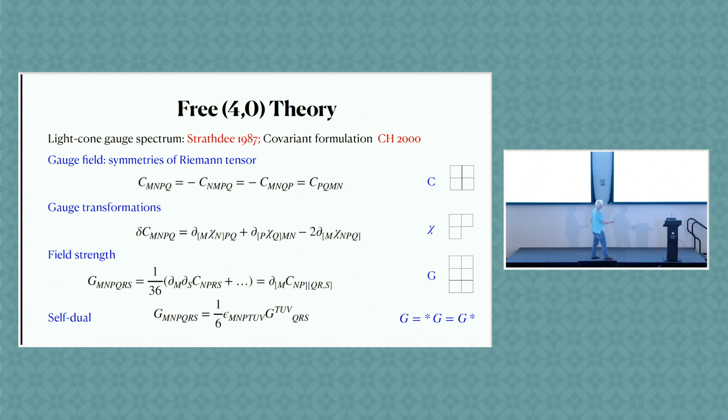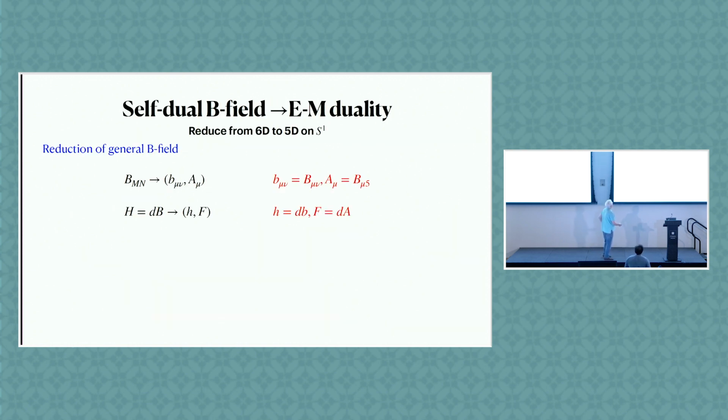It's required to be self-dual on both the first three indices, or the first column, and on the second column, which I write symbolically this way. The first of these is explicitly given by this. So consider the analog of a self-dual B field giving rise to magnetic duality.